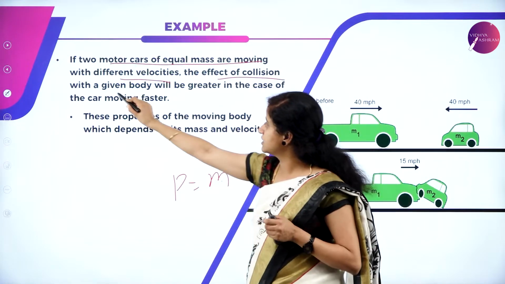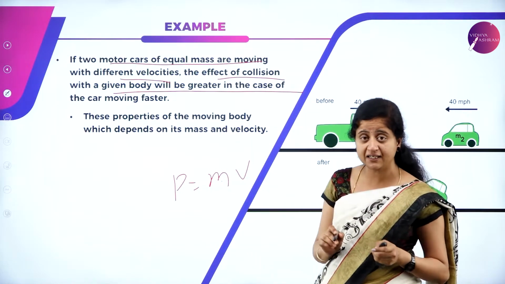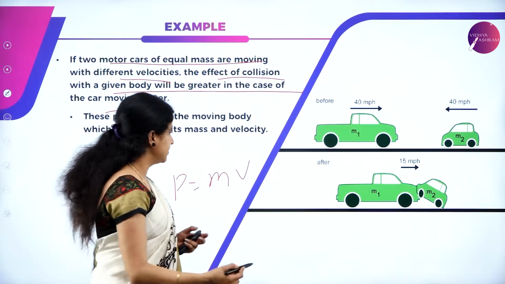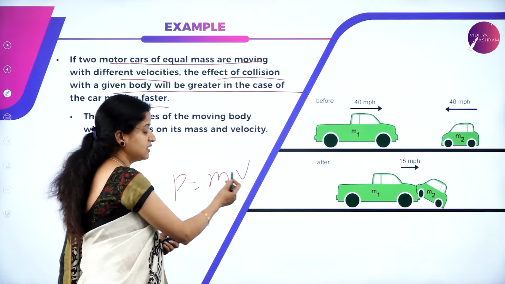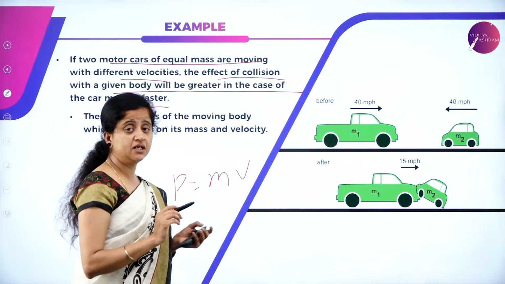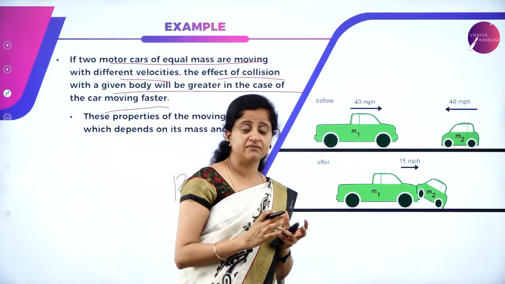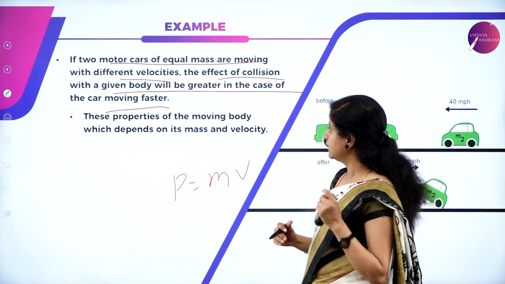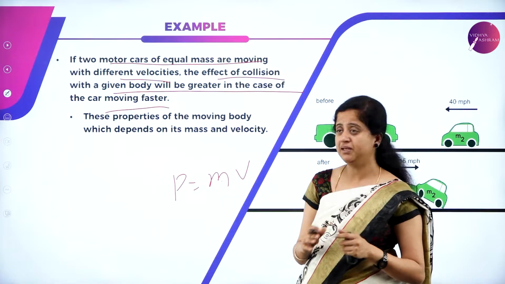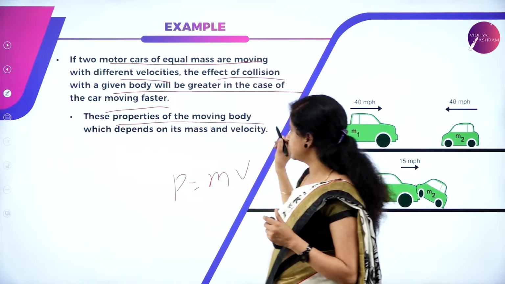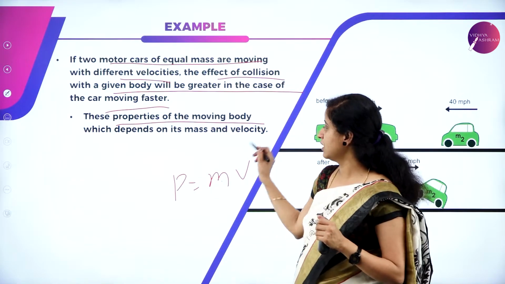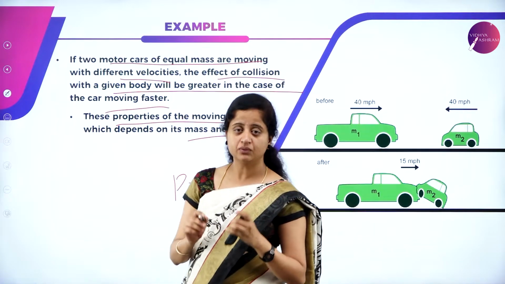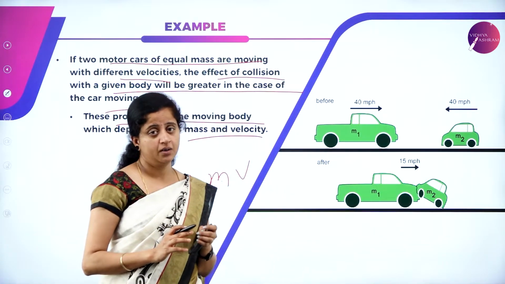The effect of collision with a given body will be greater in the case of the car which is moving faster, because momentum and velocity are directly proportional to each other. So the effect of collision will be higher for the faster car. These properties of a moving body depend on mass and velocity. This is one of the examples to understand the concept called momentum.